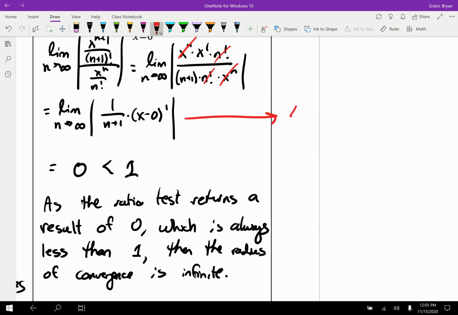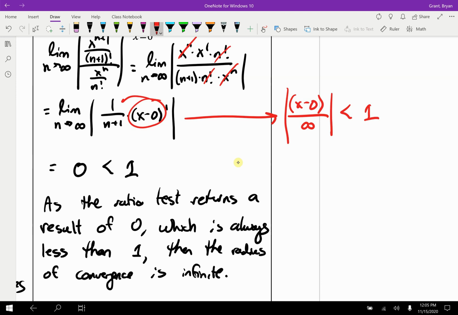So let's take this limit one more time. Actually, no, let's figure out the answer. So I'm going to go ahead and move x minus 0 to the top of this. So x minus 0. And then we said that this whole thing becomes 0, right? Or rather, let's do x minus 0 and substitute infinity in the denominator. So infinity plus 1 is infinity. Yes? And we know that this has to be less than 1. This is the end of the ratio test here.